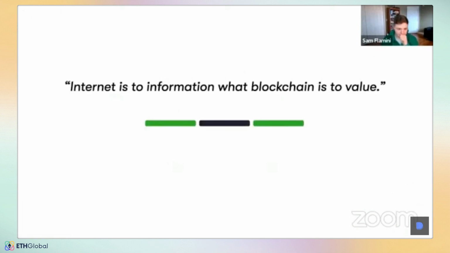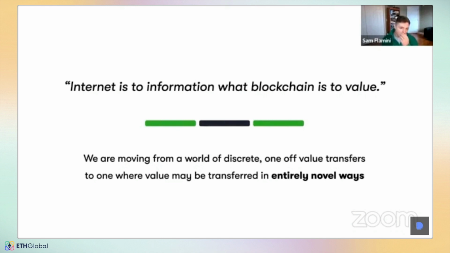So if we zoom out a little bit, one thing we like to say internally at Superfluid a lot is that the internet is to information what blockchain is to value, right? And one way that this is manifesting itself is that we are moving away from a world of discrete one-off value transfers.